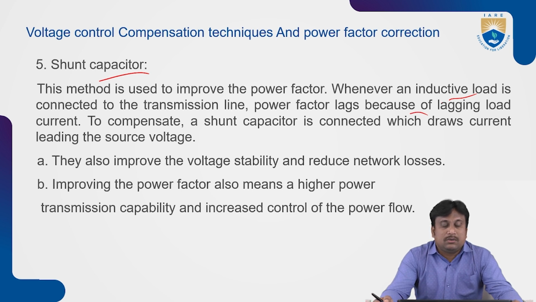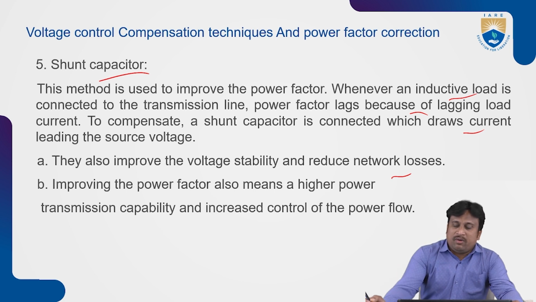To compensate, a shunt capacitor is connected which draws current leading the source voltage. They also improve the voltage stability and reduce the network loss. Improving the power factor also means higher power transmission capability and increased control of the power flow.